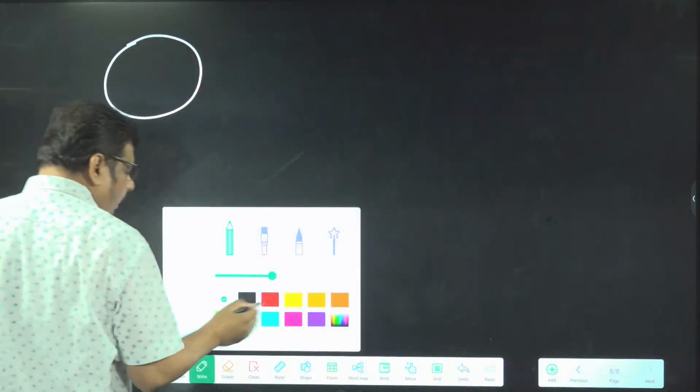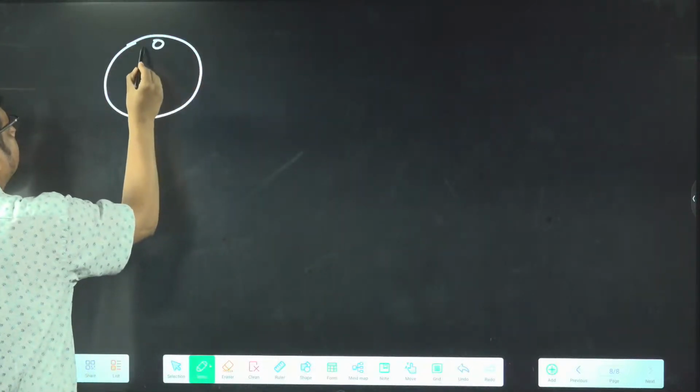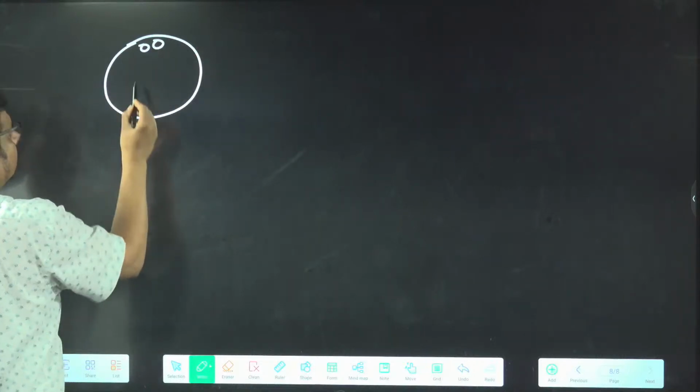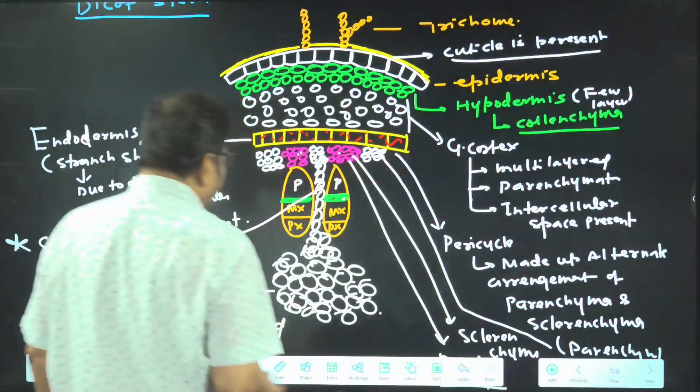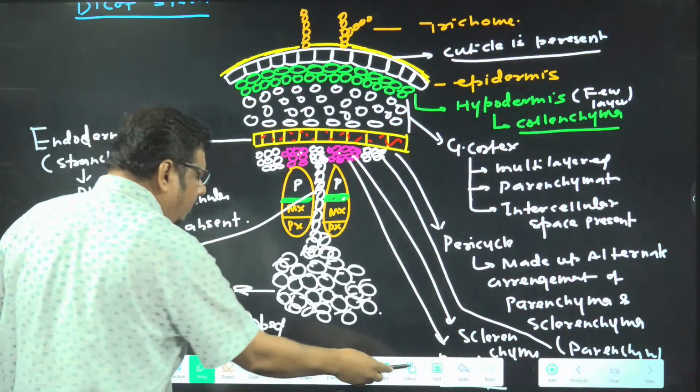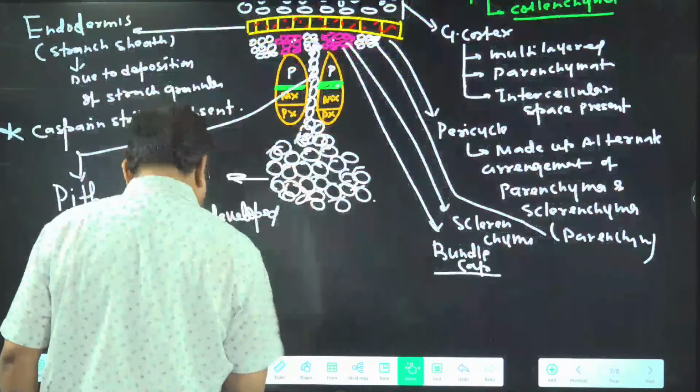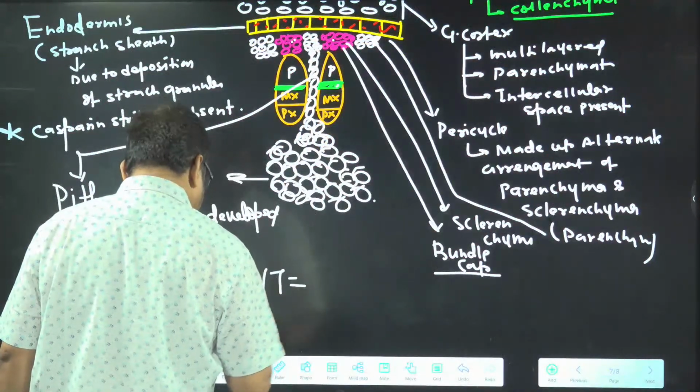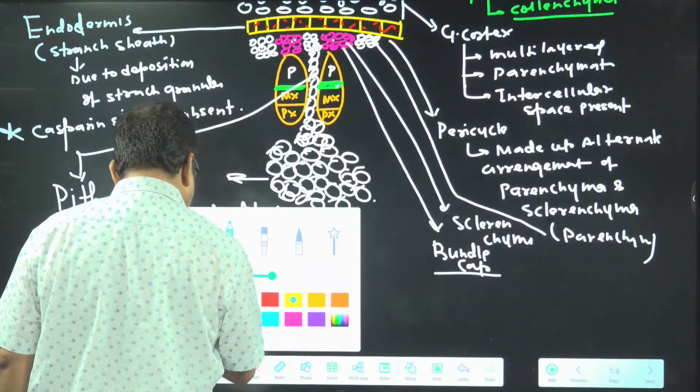If you talk about the monocot stem, if you take a transverse section, you will find vascular bundles are scattered. Wait a minute. I want to say about vascular tissue. Time is over, so I just came in a hurry.